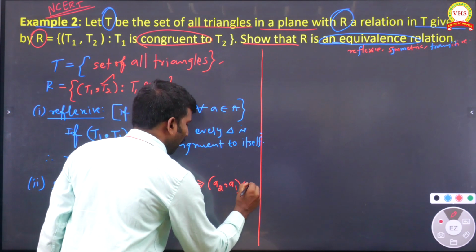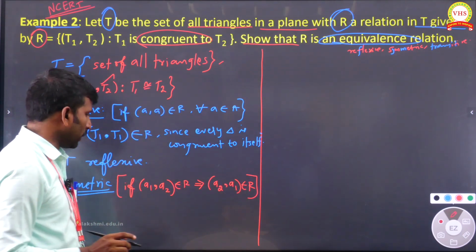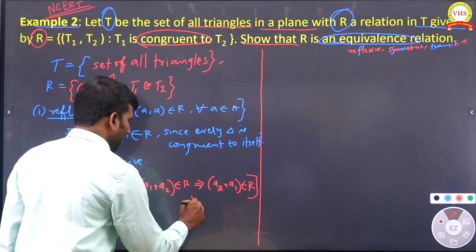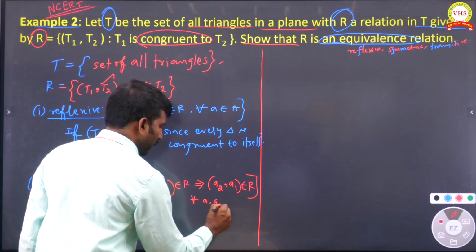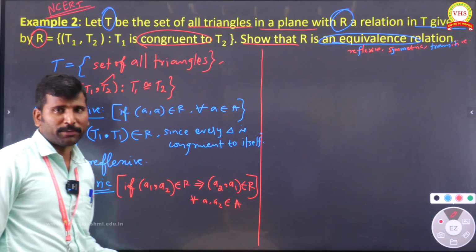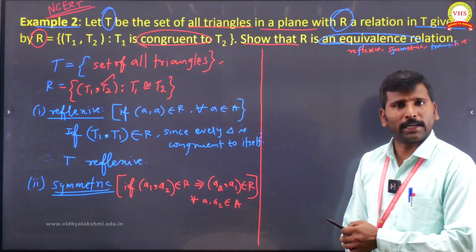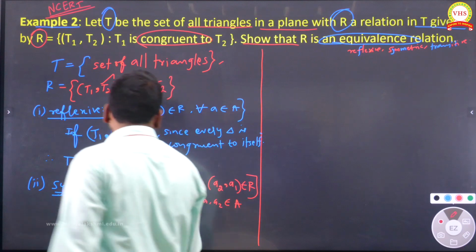If you don't have an idea about this, kindly see the video, children, then you will get the idea. Here, for all A1, A2 belongs to set A. Kindly see the previous video, then you will understand this example very easily. Understand? Right.